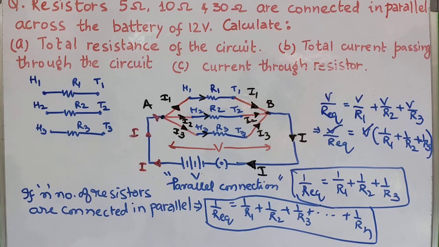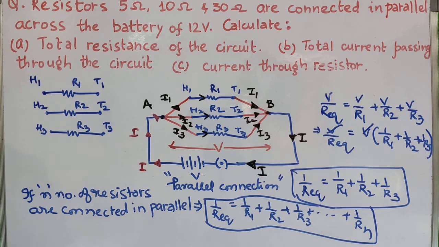Clear? So this is the formula for equivalent resistance of the resistors connected in parallel. So I hope you have understood the concept. Now we can do the question.